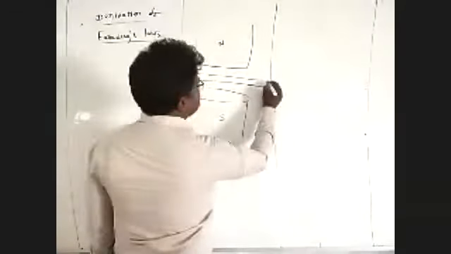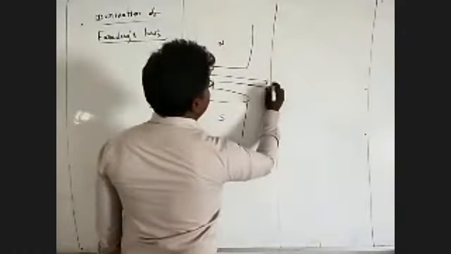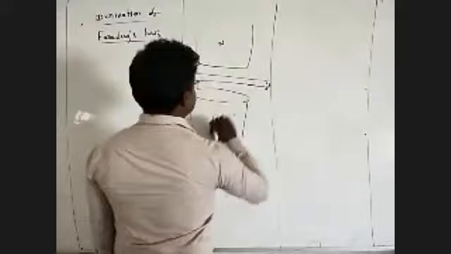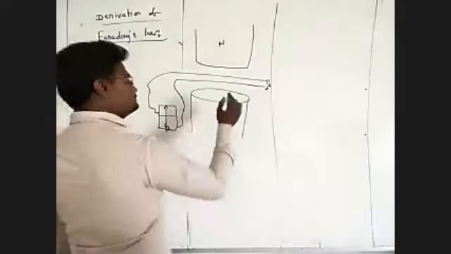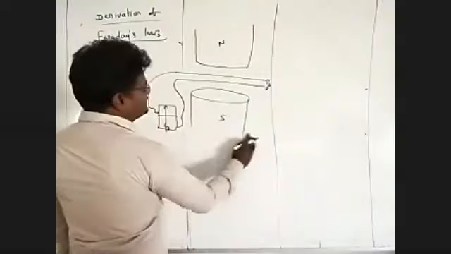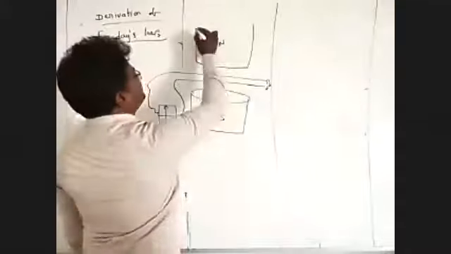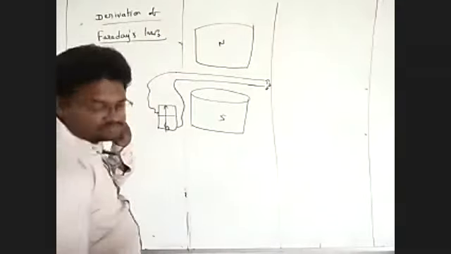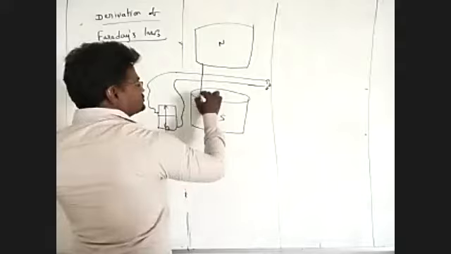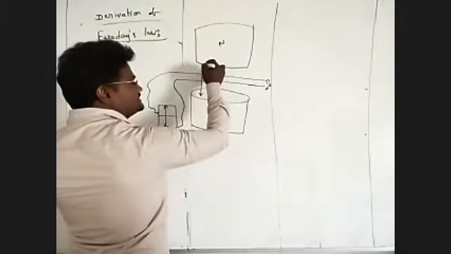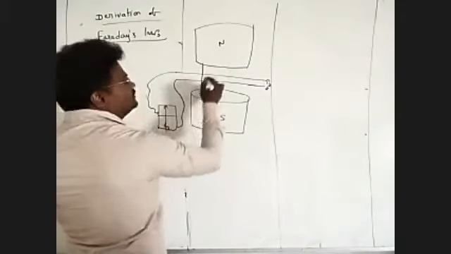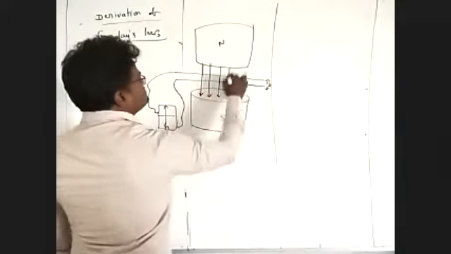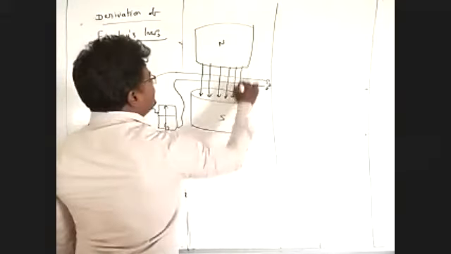Now this is the distance, the length between them. The magnetic field lines start from the north and end at the south, like this.